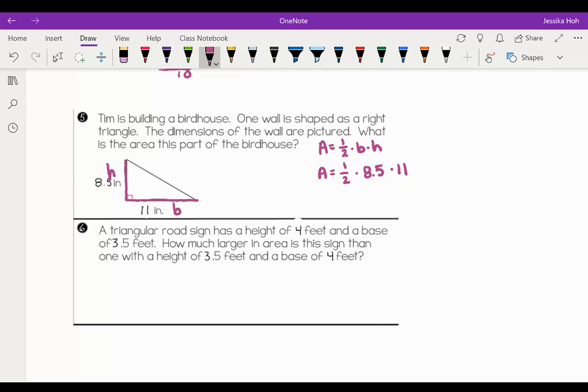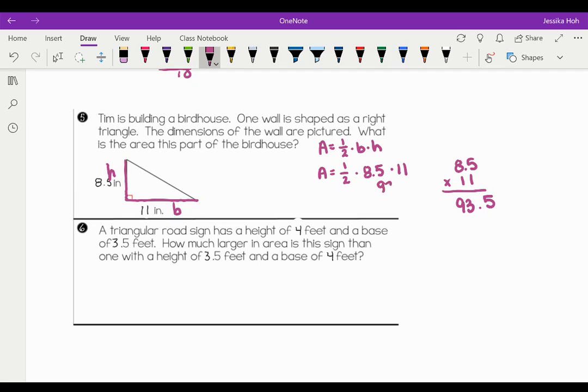All right, the first thing I'm going to do is I'm going to multiply 8.5 times 11, and I get 93.5.